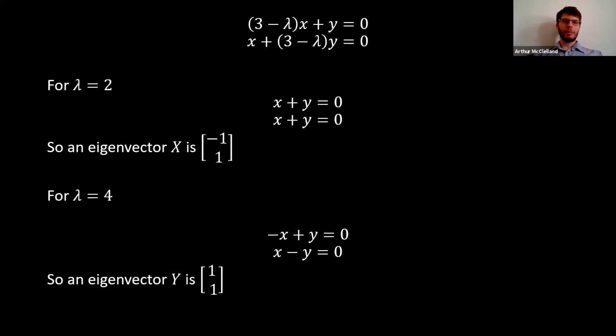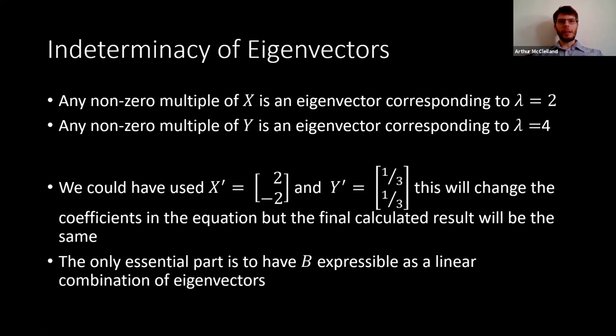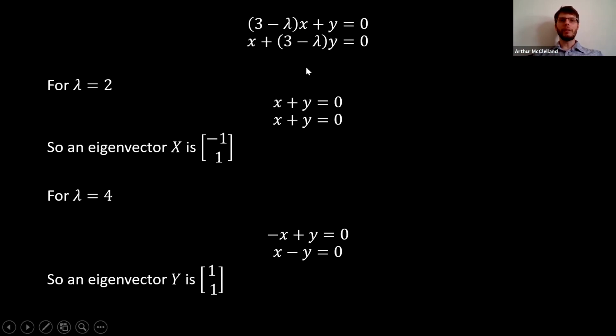For this example, I picked -1 and 1 and 1 and 1 just for clarity, the simplest eigenvectors you can think of. But as I say two slides later, you could have 1/3 and 1/3. Anything where x equals y, and anything where x and y have opposite signs and are equal, will be eigenvector solutions.